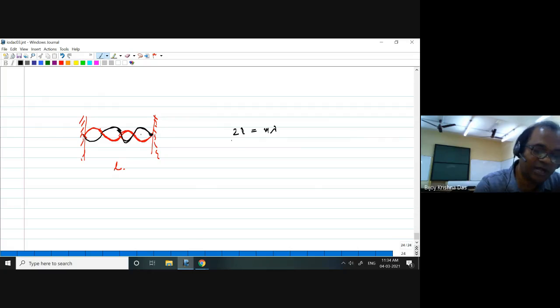So the standing wave will be generated only if 2L equals m lambda, right? The round trip should be an integer multiple of lambda. So L should be lambda by 2 times m. That is the resonance condition, right? m is an integer: 1, 2, 3, 4, and so on. Am I correct?